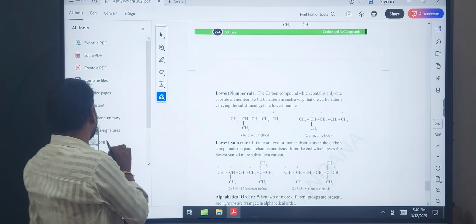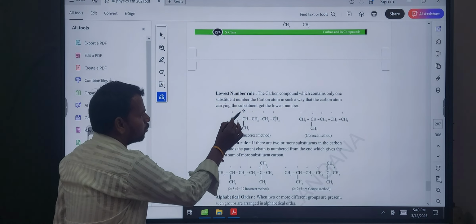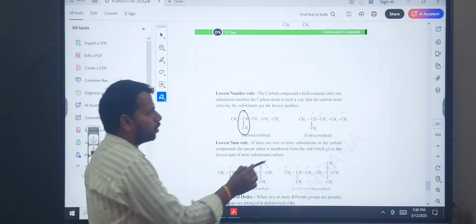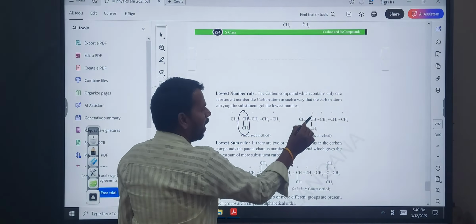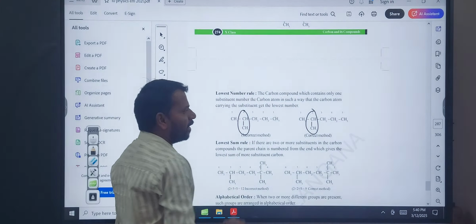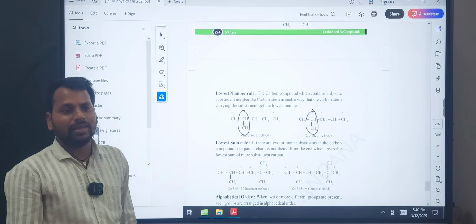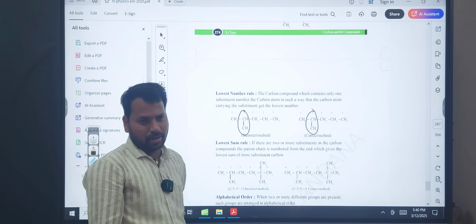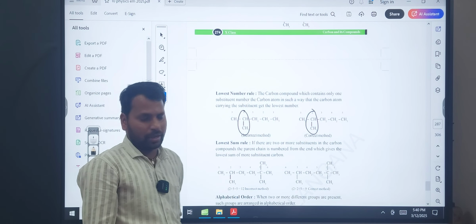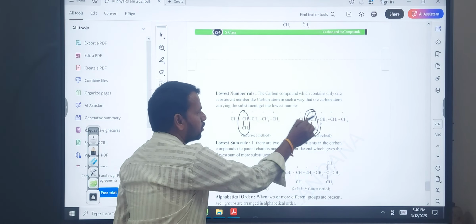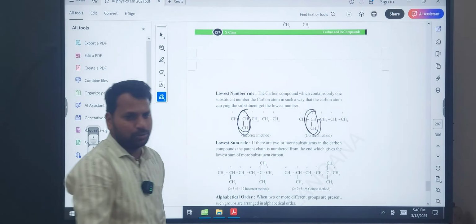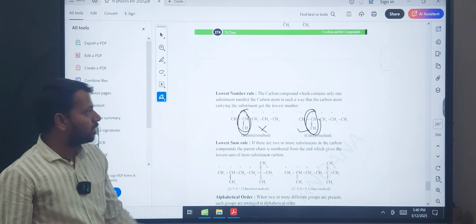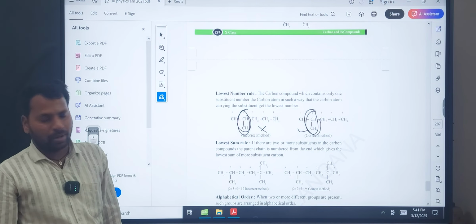Because the substituent is at fourth position. But from left to right, the substituent is present at second position. So compulsorily the substituent should get the least number while giving the numbering. So this is the correct method, and this is the incorrect method. That is about the lowest number rule.